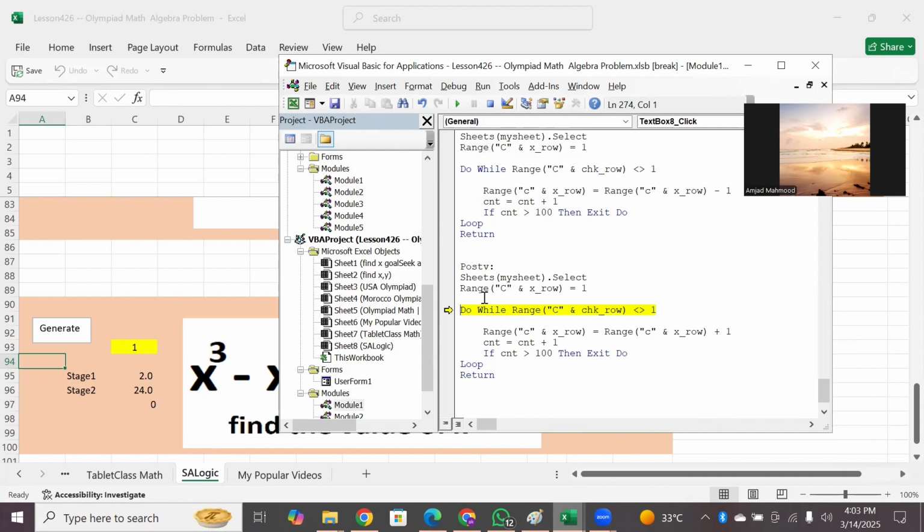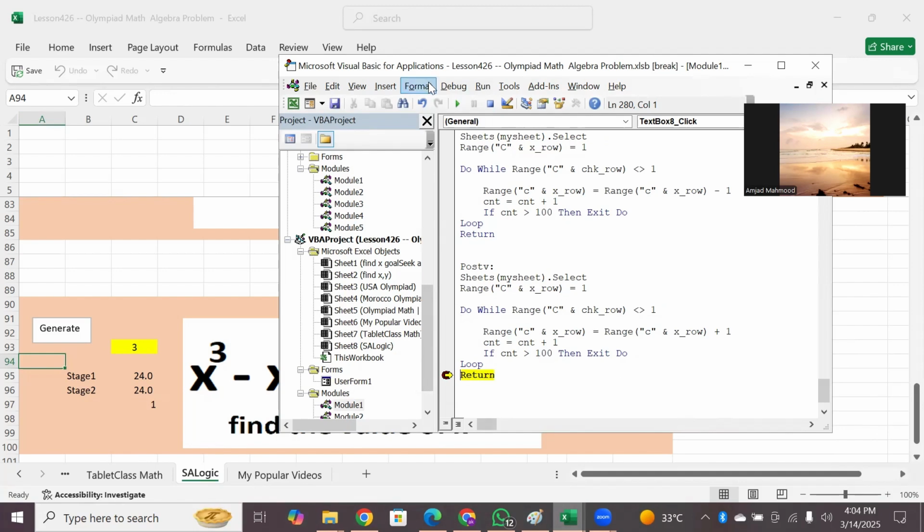Because it is the positive route, it keeps adding; in the negative route, it will be deducting. So in the positive route it adds, adding, adding until it reaches the answer or the 100 attempts. Otherwise, it will return. So let's click. It reaches 3. As soon as it added 3 and the check reaches 1, you see, it came out and the answer is achieved, right?